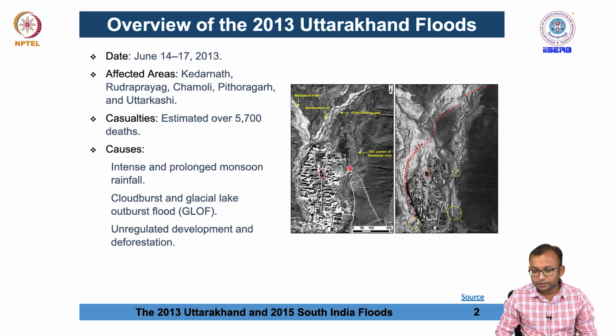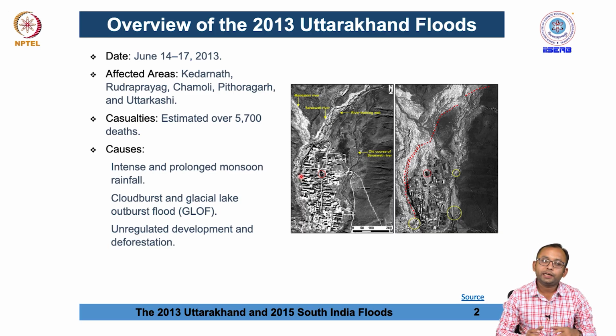You can look at this picture we discussed during the lecture as well. This was a settlement in the Uttarakhand region, the Kedarnath valley, and from this photograph we can identify that lots of urban structures were built up over a period of time, and primarily these structures were very close to the river channel.